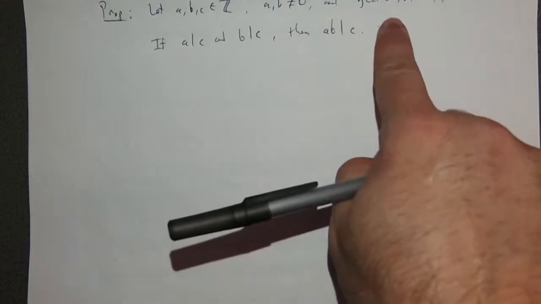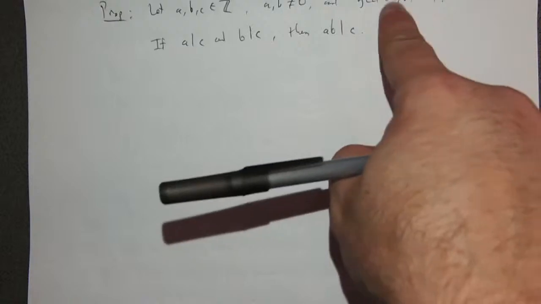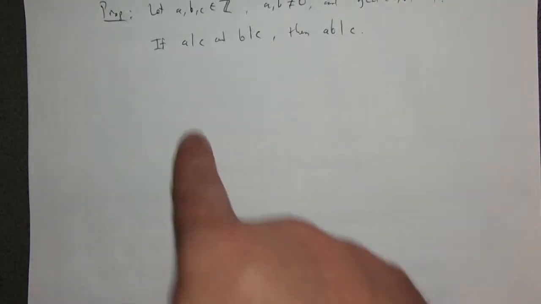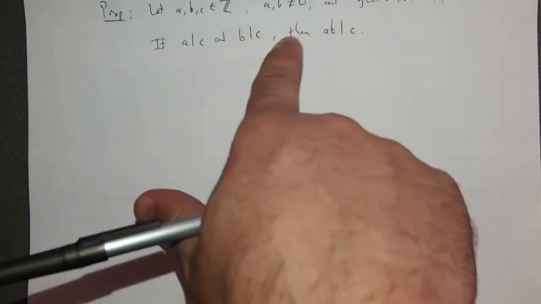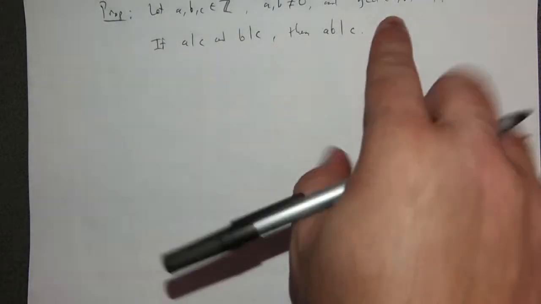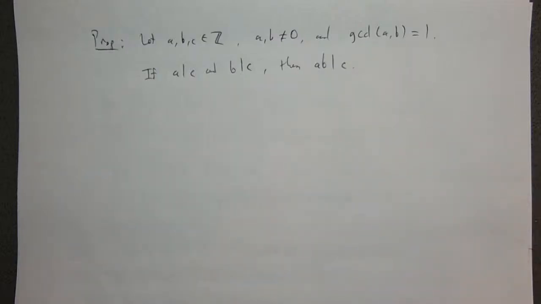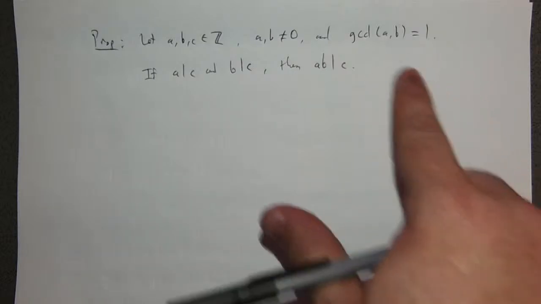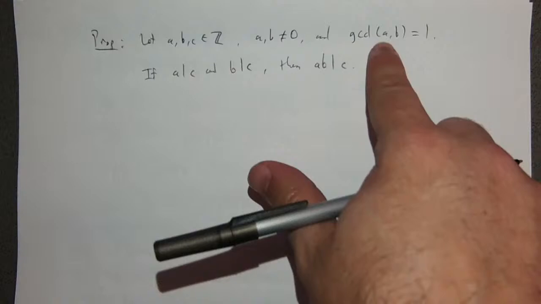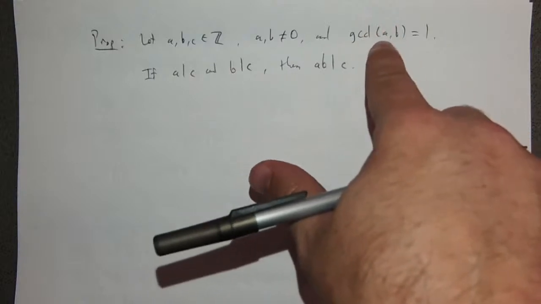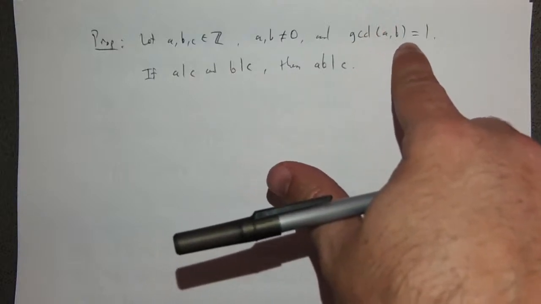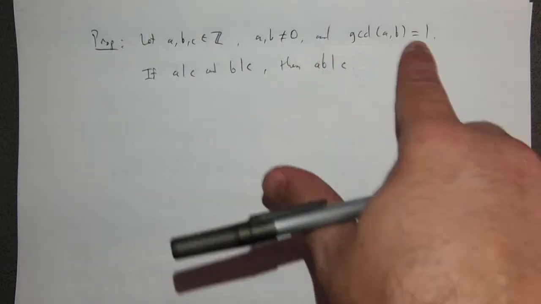What is this saying? Well, think about it for a second. A and B have no factors other than 1 in common, and you know that A divides C and B divides C. If you're thinking in terms of prime factorizations, I know that we're not using that machinery quite yet, but it's that you have some prime showing up in A, but in B there's no commonality there.